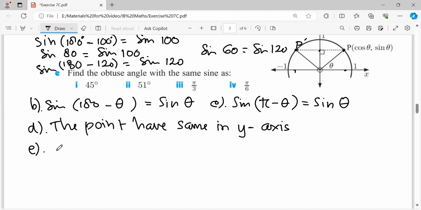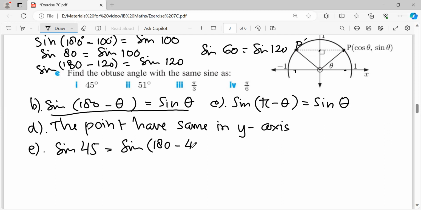So sine 45 equals sine, based on the rule here, formula B, that sine 45 equals sine 180 minus 45. Okay, so it becomes sine 135.